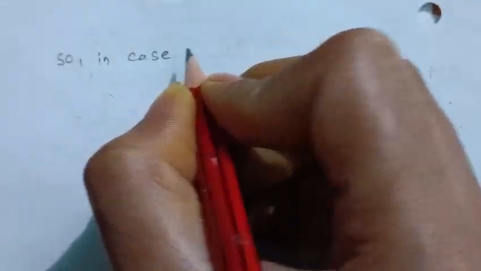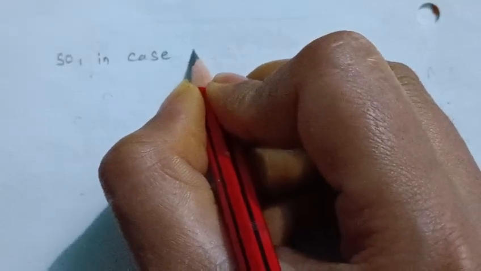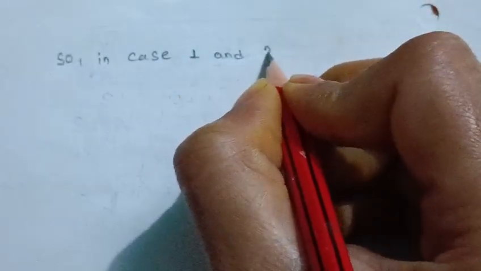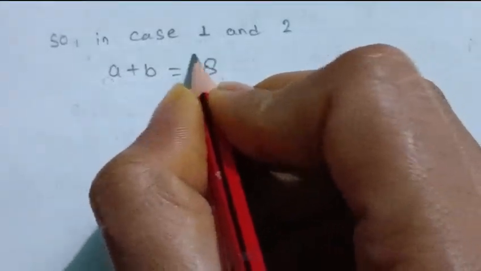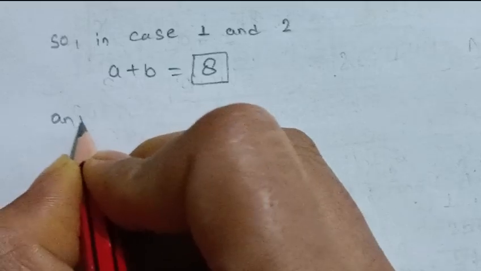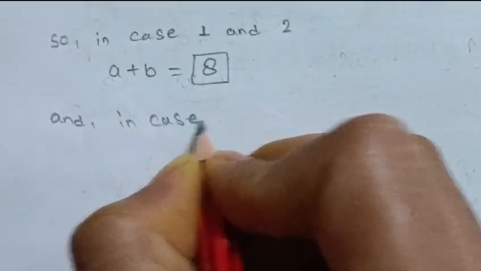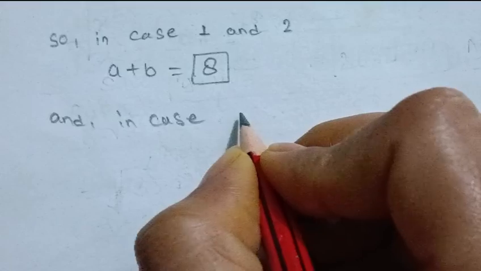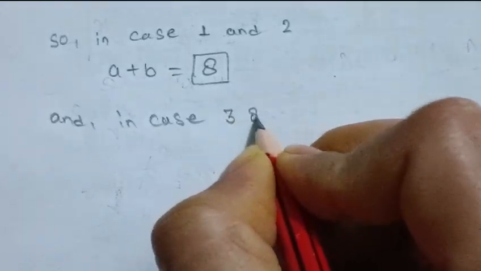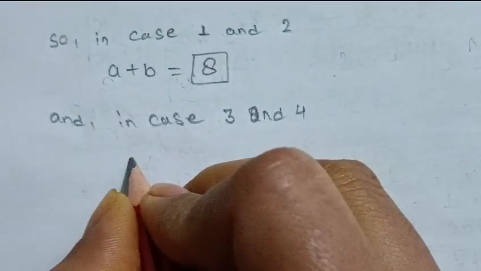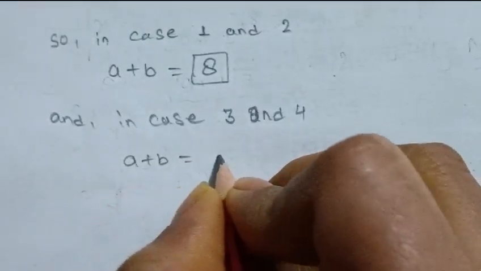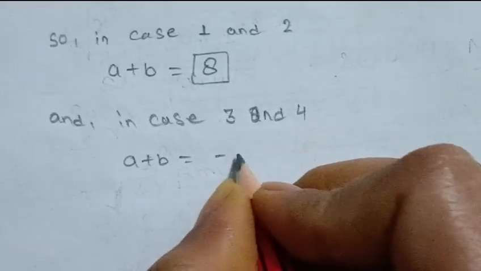So in case first and second, a plus b is equal to 8, and in case third and fourth, a plus b is equal to minus 10.